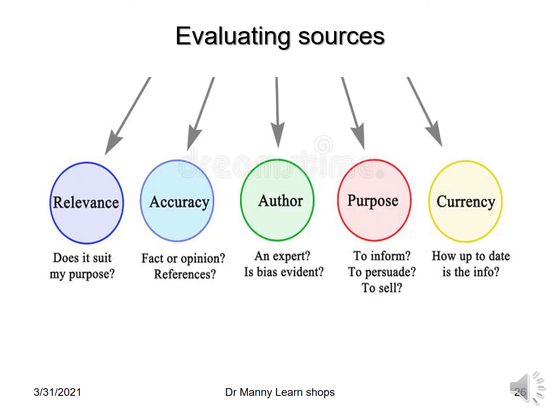When you evaluate your information, think of it as evaluating your sources: relevance, accuracy, author, purpose, currency. How relevant is it to what you want to find out? How accurate is it? Is it fact, fiction, opinion? What are the references? Who's the author? Is it an expert in the area?